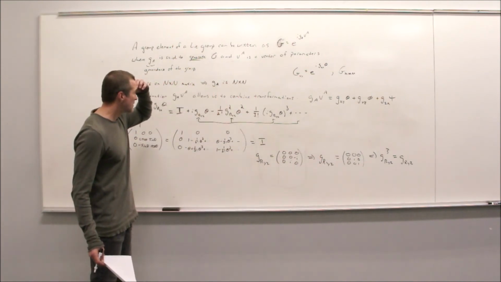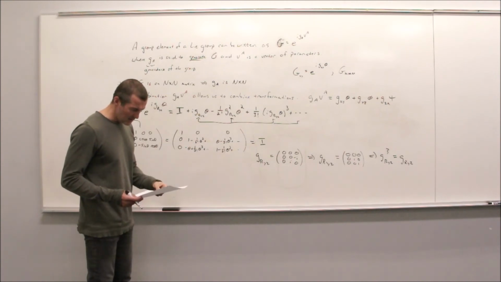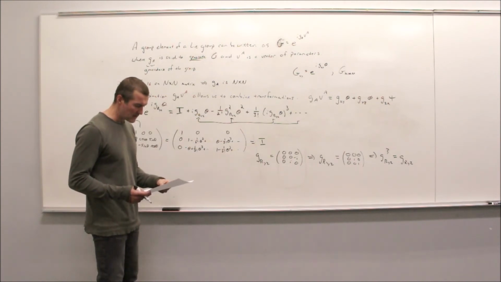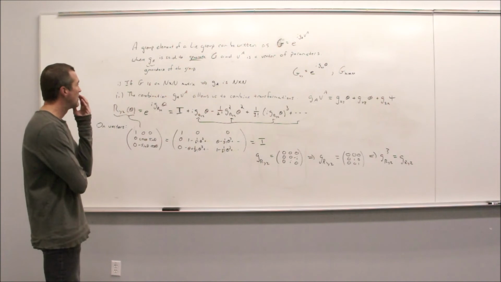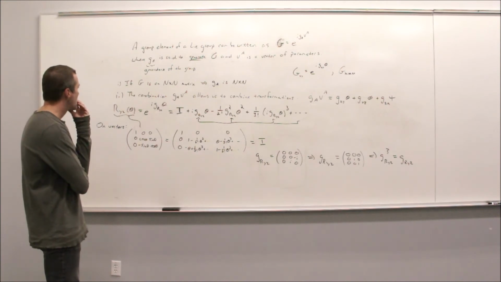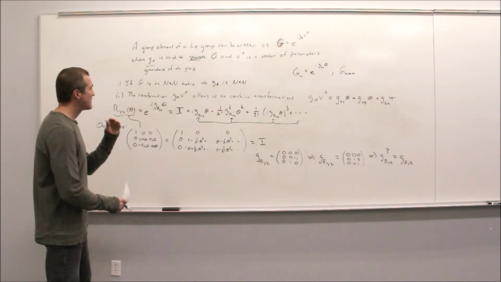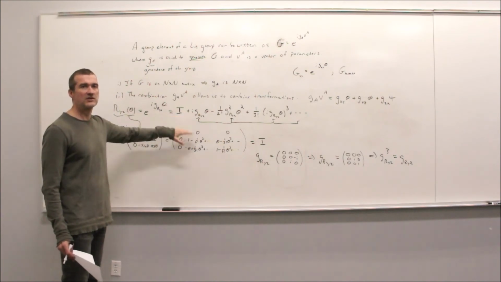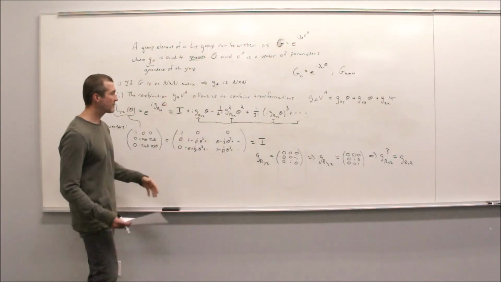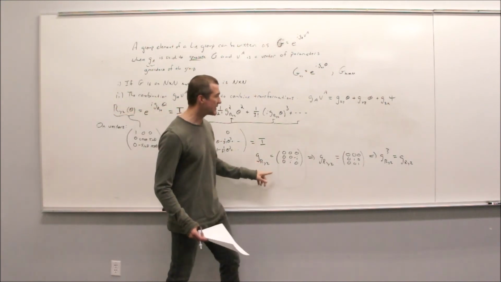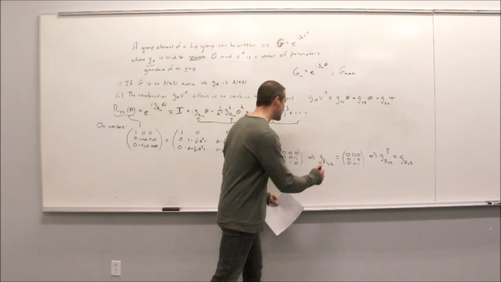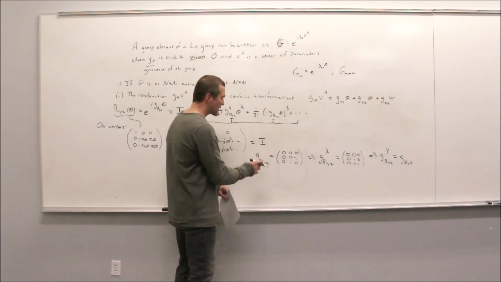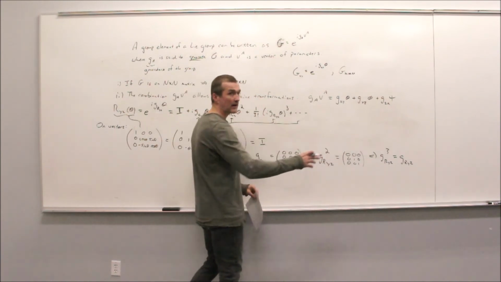Oh, wait a minute. That means that you can actually evaluate this, because all the generators are going to come out. You're either going to have GRYZ or GRYZ squared.